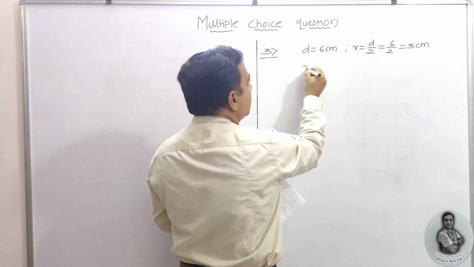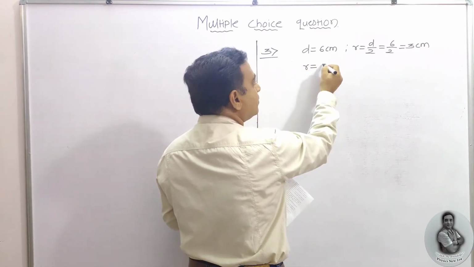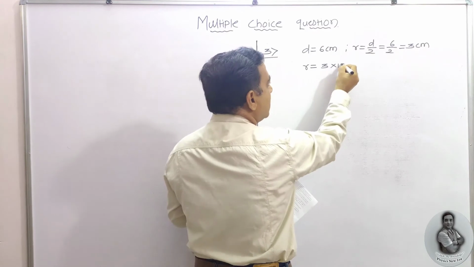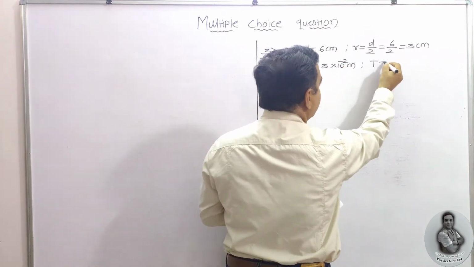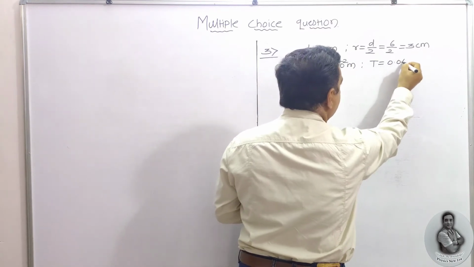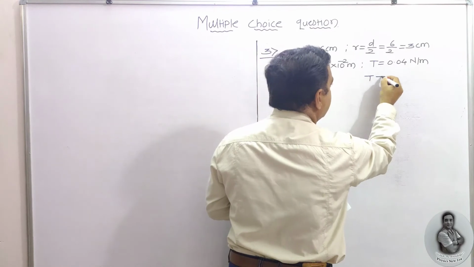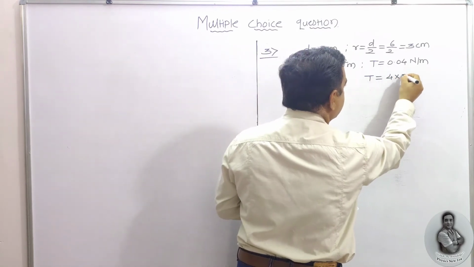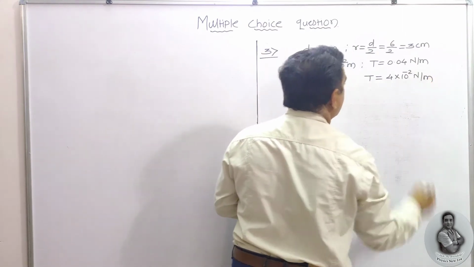I am going to convert that radius, that is radius is equal to 3 into 10 raised to power minus 2 meter, and surface tension is given as 0.04 Newton per meter. That I can write T is equal to 4 into 10 raised to power minus 2 Newton per meter.